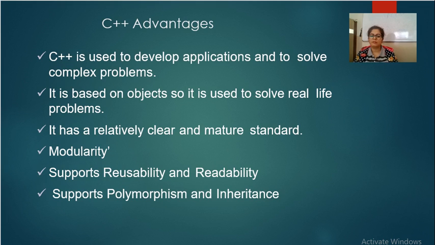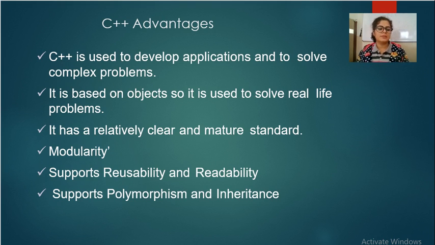As of now, you just have to remember the terms, that this is an advantage of C++, that it supports polymorphism and inheritance. Polymorphism means many forms, we can use the same function in many forms, and inheritance is how we can inherit the properties of the base class into the derived class. We will study in detail, and I will explain in detail when we work on these topics. So these are all the advantages of C++.